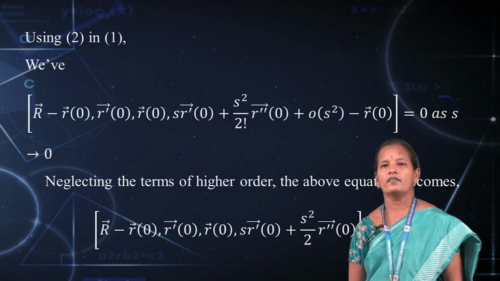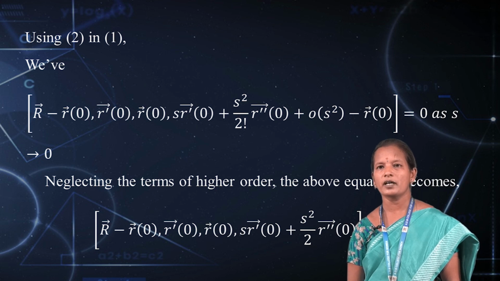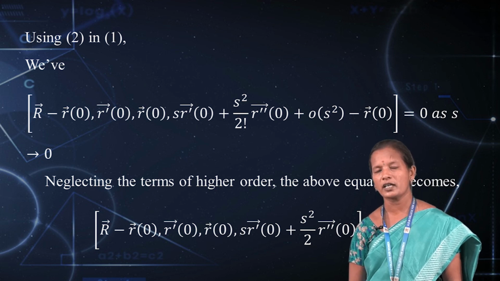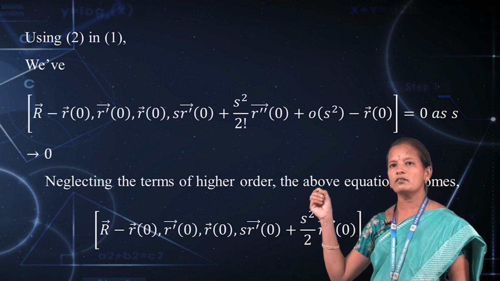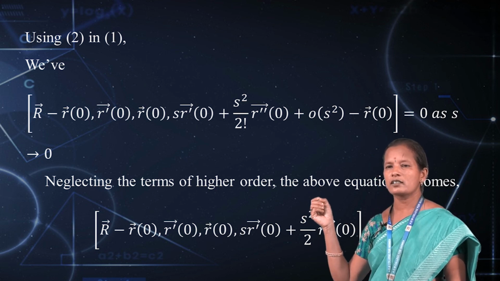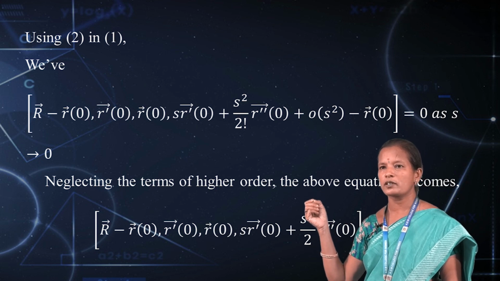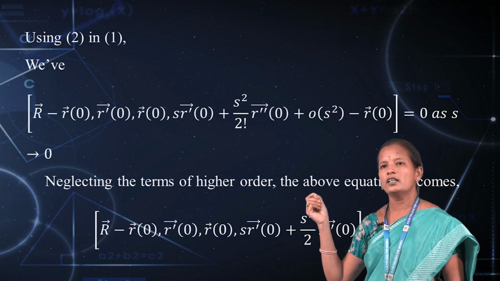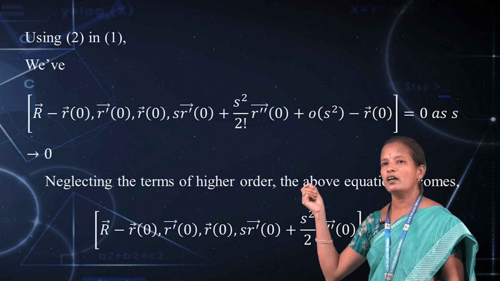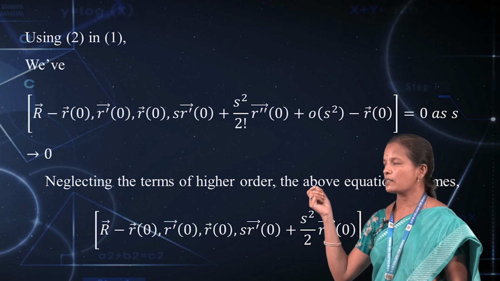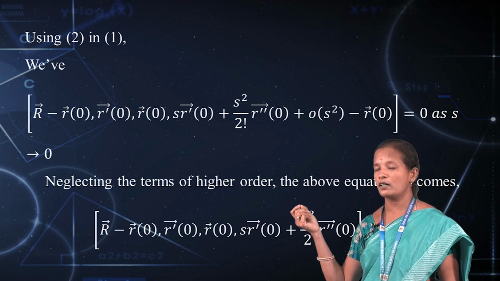Using 2 in 1, we have the box value of capital R minus small r of 0, comma r dash of 0, comma s into r dash of 0 plus s squared by 2 factorial r double dash of 0 plus order of s squared minus r vector of 0.